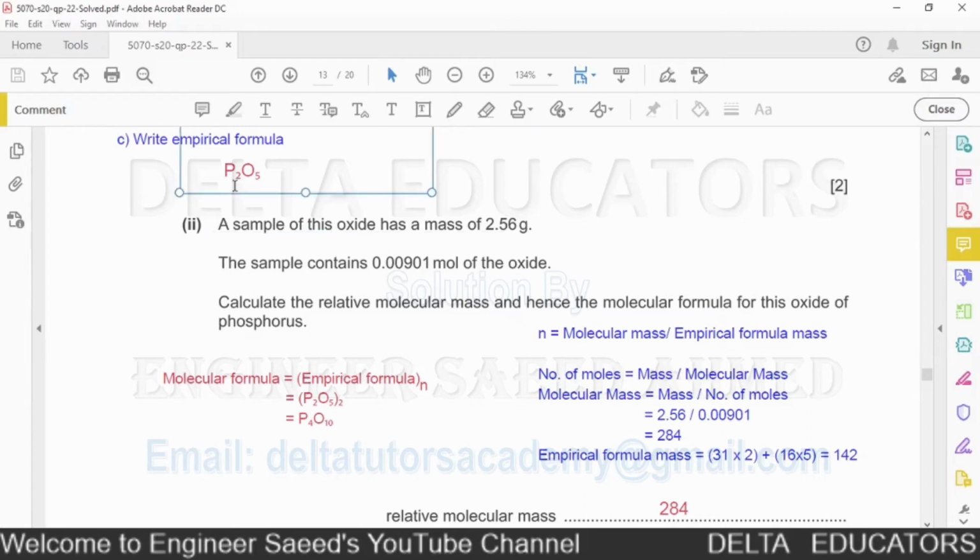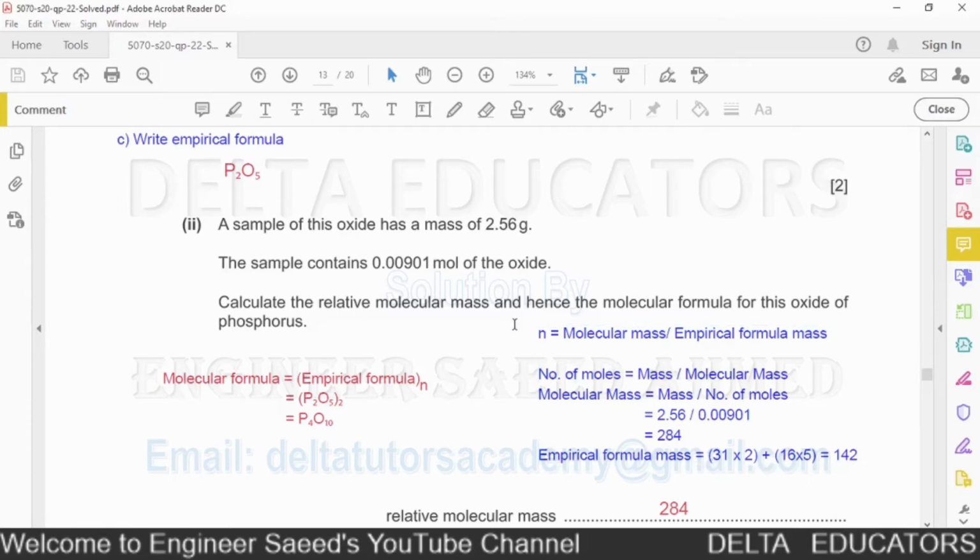Since here we have 2 phosphorus, it will be 31 multiplied by 2. Here we have 5 oxygen. For 1 oxygen the mass is 16. So it will be 16 multiplied by 5, and by solving this we will get 142. So we have calculated the empirical formula mass, it is 142.